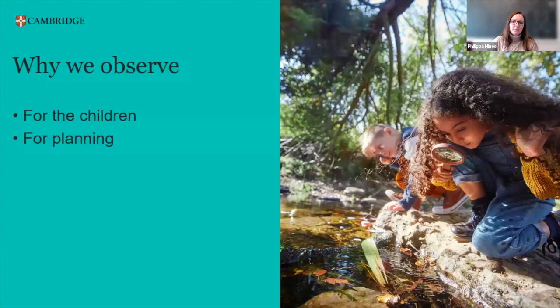It helps us to plan and respond to the children's interests and needs, whether that's during play or planning what to do next. It can help to plan your environment and your teaching, just like you've said in our poll. So you could be providing more differentiation for certain children or adapting your teaching to suit other individual children. So you might be going slower or providing more challenge.